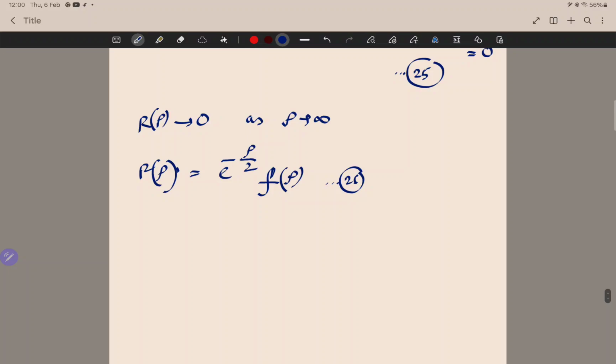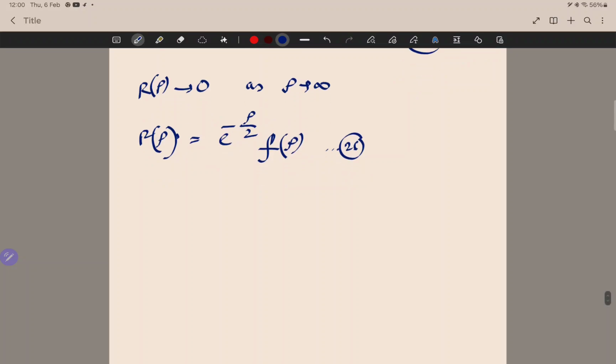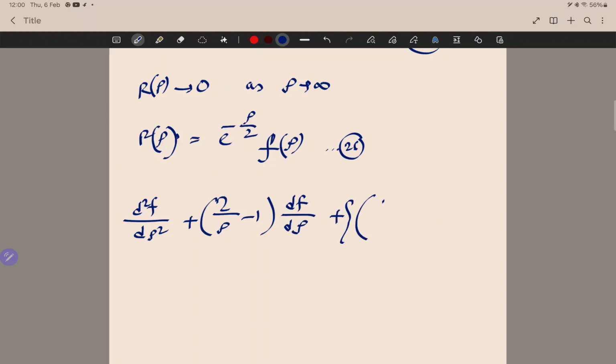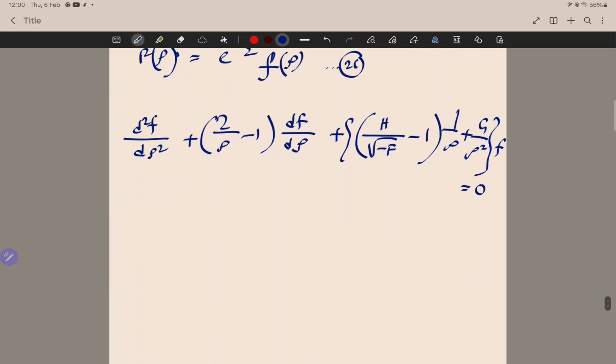So equation number 25 will give the following equation for F(ρ): d²F/dρ² + ((2/ρ) − 1) dF/dρ + (h/√(−f) − 1)/ρ + g/ρ²) F = 0.